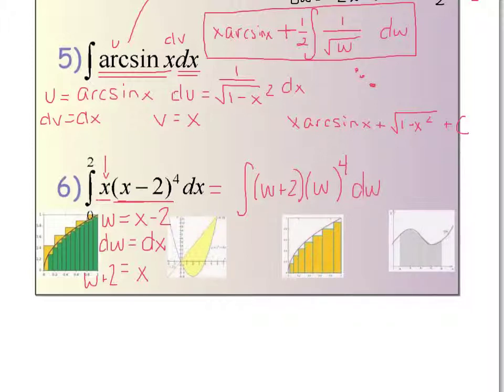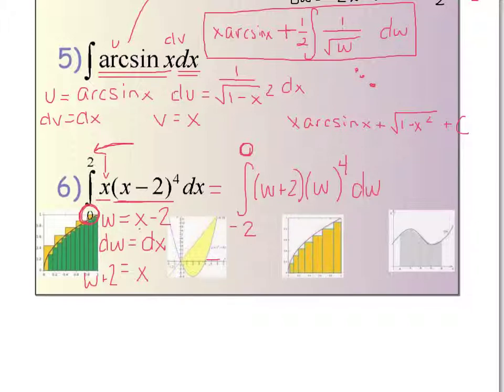Now remember, we cannot use those x limits when we are working in w. So you can either leave them blank or you can change them. And I think today I will change them. When x is 0, w will be negative 2. And when x is 2, w will be 0.